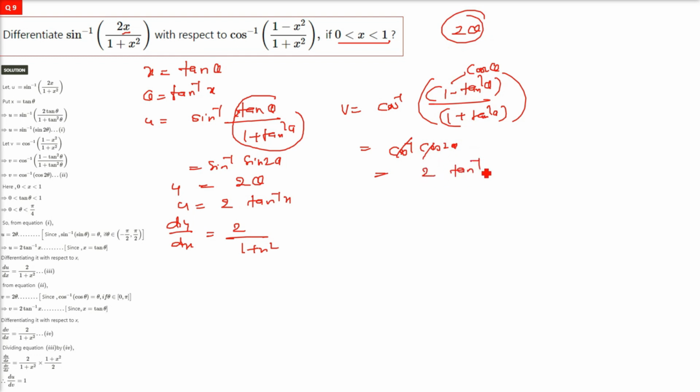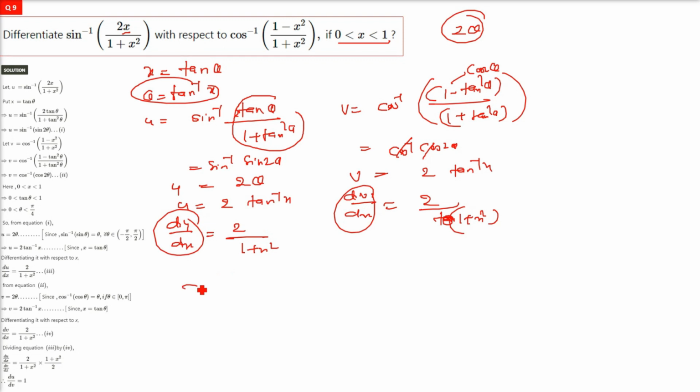And theta is nothing but tan inverse x from here. And dv by dx is equal to 2 times 1 by 1 plus x square. So whether you check or not, you'll see dv by dx and du by dx are exactly the same. They both are 2 by 1 plus x square. So when you divide them, you'll get 1.